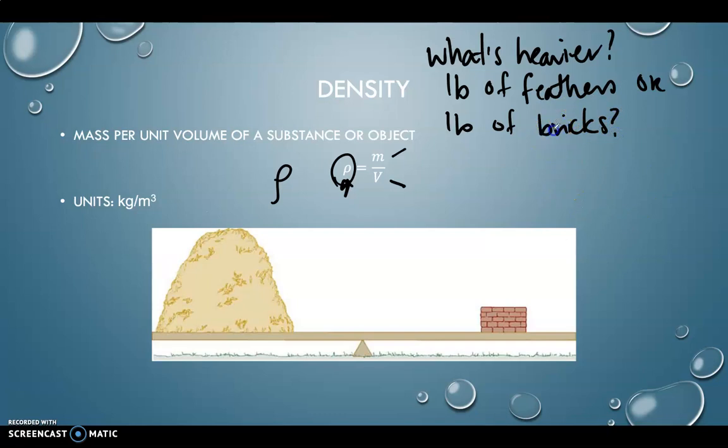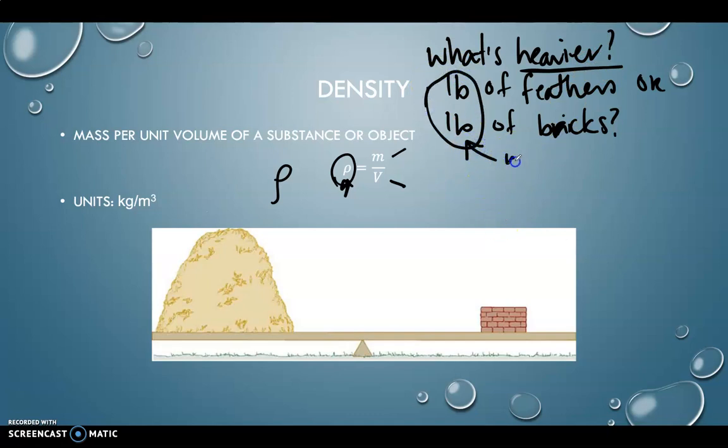Maybe you've heard this before. It's just like a funny joke, because you are asking what is heavier. A lot of people would say, oh, the pound of bricks. But if we're talking about weight, because that's what heavier implies, that is going to be based on this here.